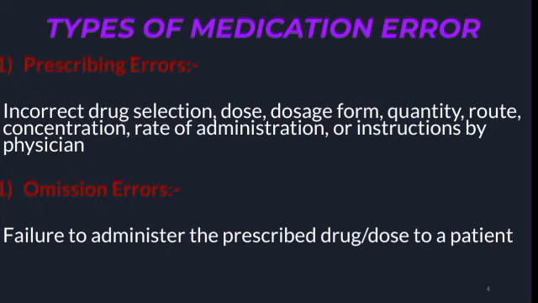Next one is omission error. Failure to administer the prescribed drug or dose to a patient. The prescriber will write whatever medication is needed for the patient per day. Whatever dose has to be administered must be administered, because it is what cures the disease.